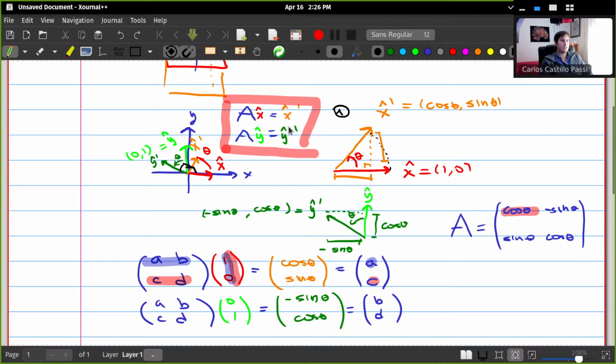Basically, by applying these unitary vectors, we're getting the columns of the matrix.